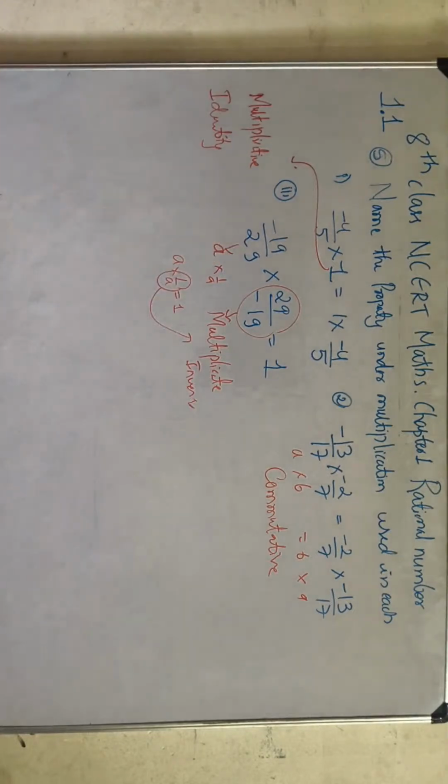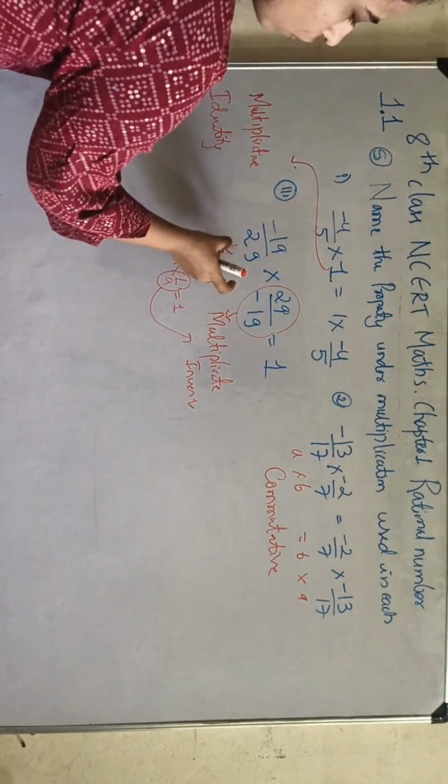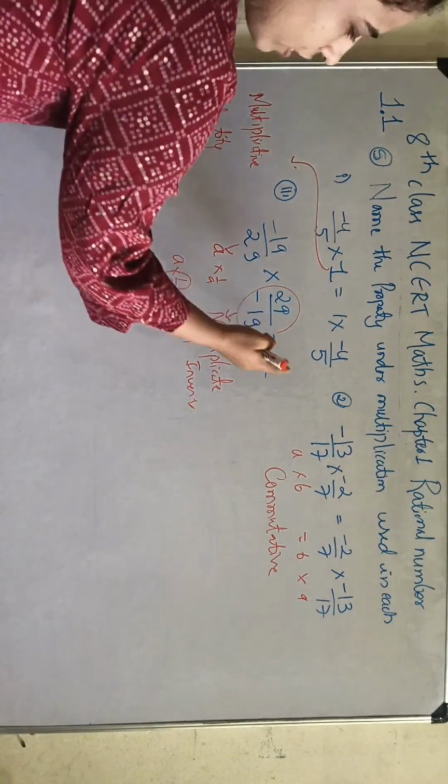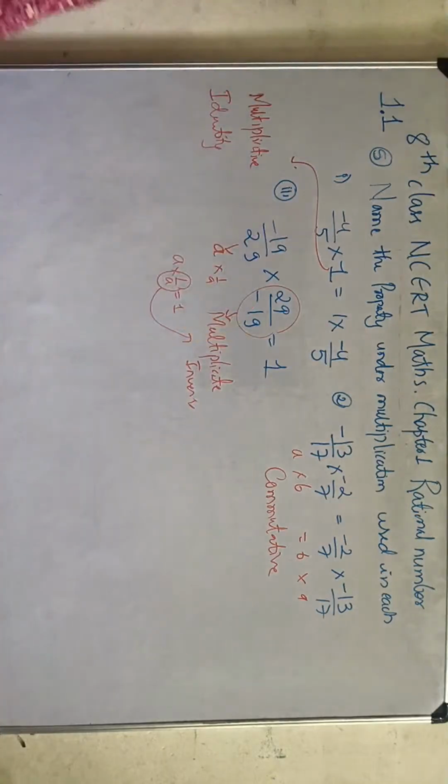So here they use the multiplicative inverse property. They just reverse this fraction, and if you multiply both together, we get 1. If we get 1 after multiplying, this quantity we call a multiplicative inverse. So in the third they use the multiplicative inverse property.